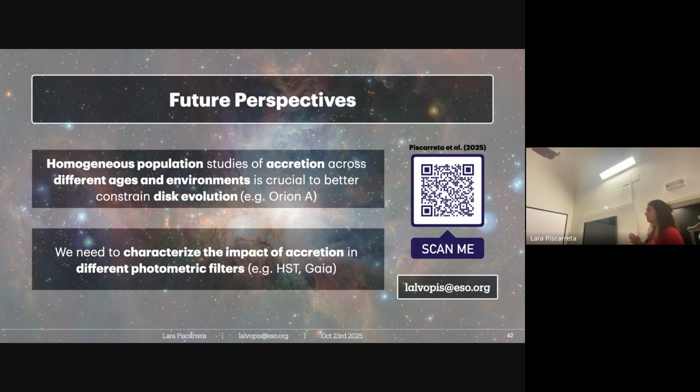This is nice because it is probing both the region that is still highly irradiated close to the Orion Nebula Cluster, but also the more quiescent regions, which are L1641 and L1647 in the southern part of the Orion A cloud. And with that, I think I finished my presentation, and of course, I'm open to any questions that you might have.